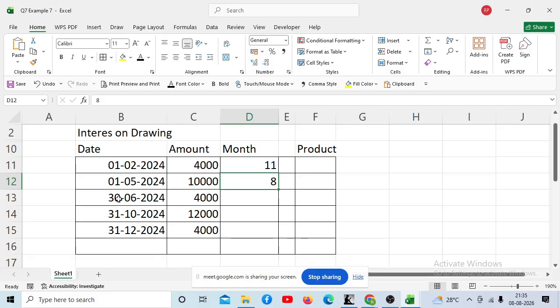Okay, now see here, since it is 30 June, the month of June will not be counted. You have to count it from July. Here also, since it is 31st October, October will not be counted. You have to count it from November.